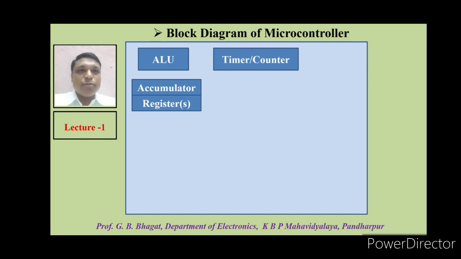This timer is used for functions related to time or timing functions, and counter is used for various counting purposes or counting type functions. This microcontroller has its own IO ports, one or more than one. Function of this IO port is to interface the external IO devices with the controller.